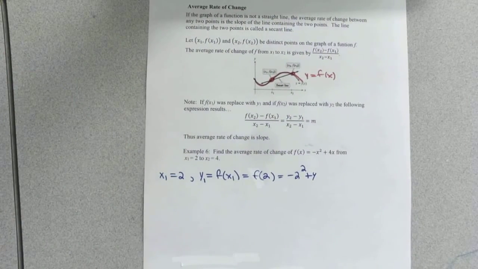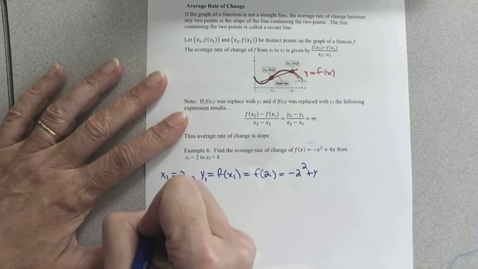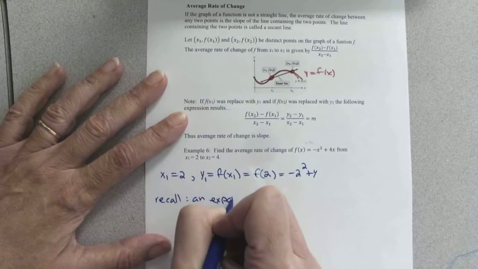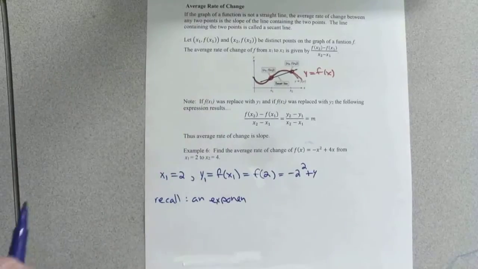For those of you that are thinking ahead and maybe working these problems out as you watch this video, you're going to tell me that answer is 8. And it is not. Recall an exponent. Let's put it this way.